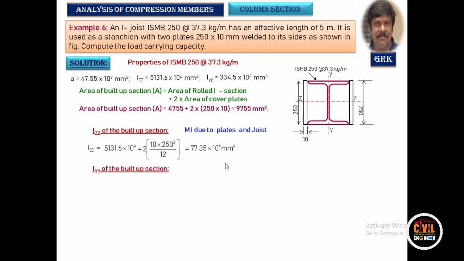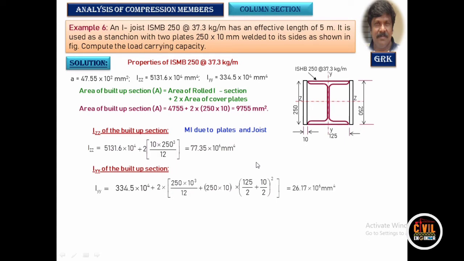Similarly, get the value of IYY. As I said earlier, we have to transfer the moment of inertia of the plate onto the centroidal axis of the built up section by applying the parallel axis theorem. 2 times d is 250, b cube by 12, plus the area of that plate into the centroidal distance of this, which is 125 by 2 plus 10 by 2 from here to here, multiplied by 2 so that 2 plates are taken into consideration.